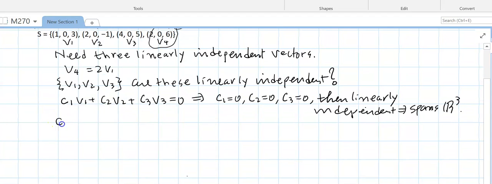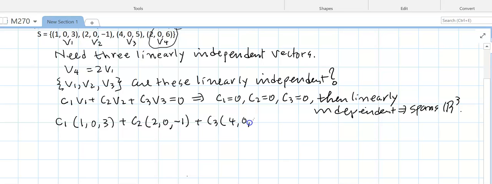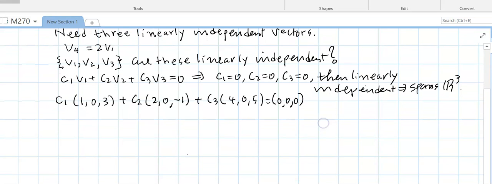So C1 (1, 0, 3) plus C2 (2, 0, -1) plus C3 (4, 0, 5) is (0, 0, 0), the zero vector. So let's solve this for C1, C2, C3. So C1 plus 2C2 plus 4C3 equals 0.